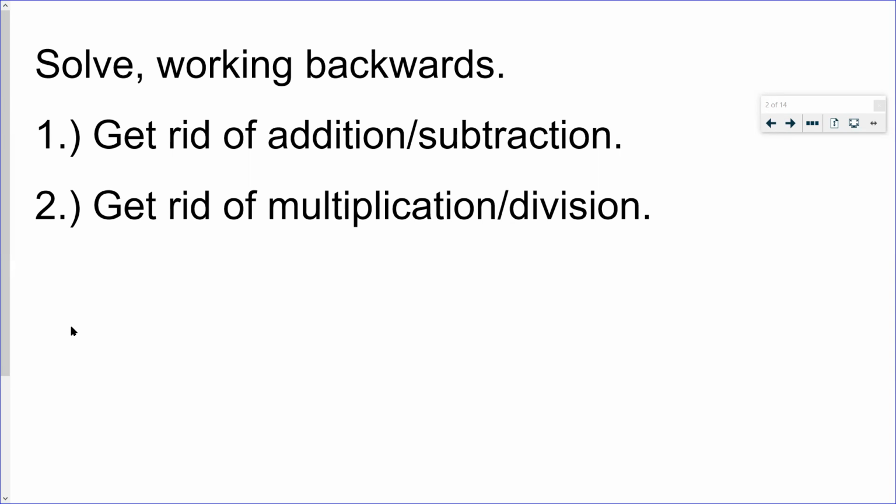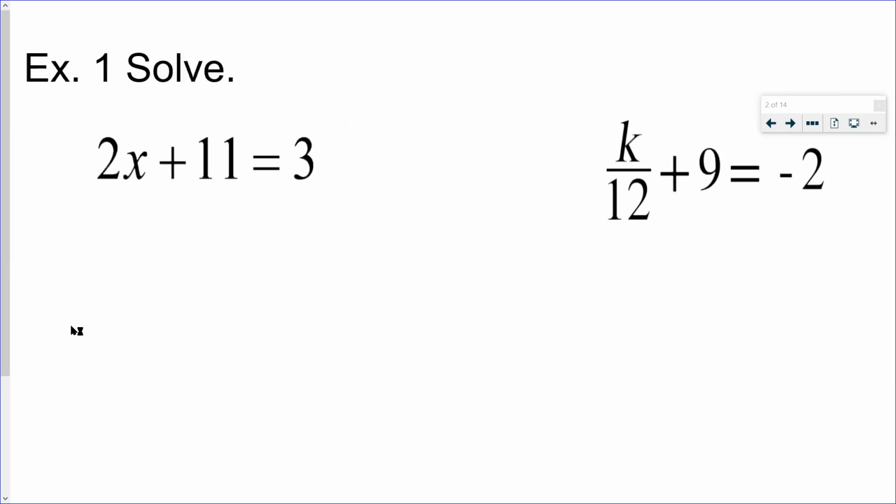But when we're solving these particular two-step equations, we want to get rid of addition and subtraction first, and then get rid of multiplication and division. How I think about it: get rid of whatever's not with the variable, move that to the other side of the equal sign, then move whatever's attached to the variable. So again, you might want to write these down. Get rid of addition and subtraction, then get rid of multiplication and division.